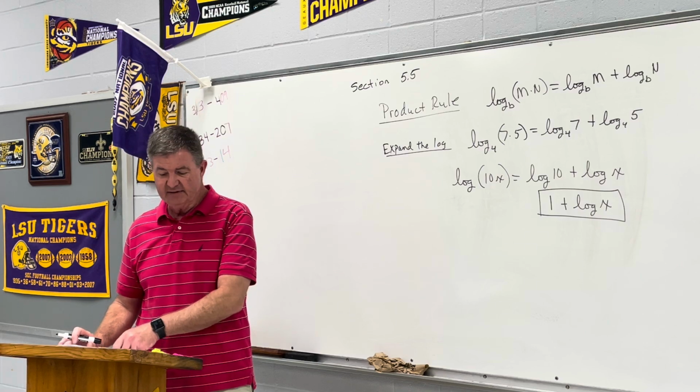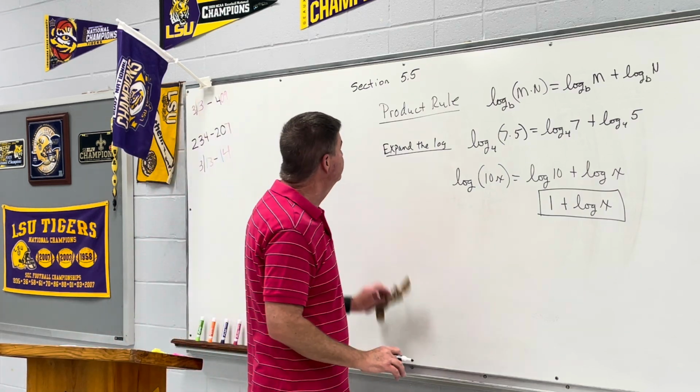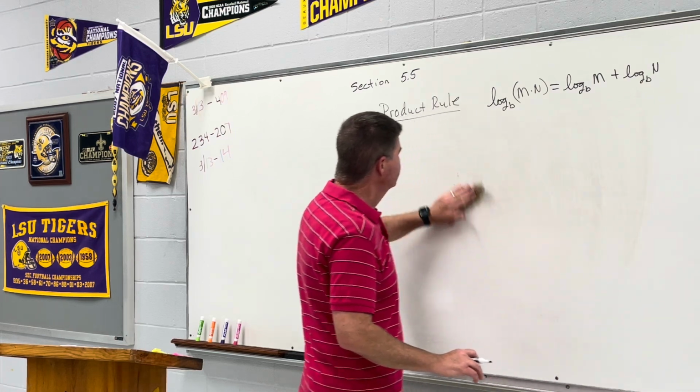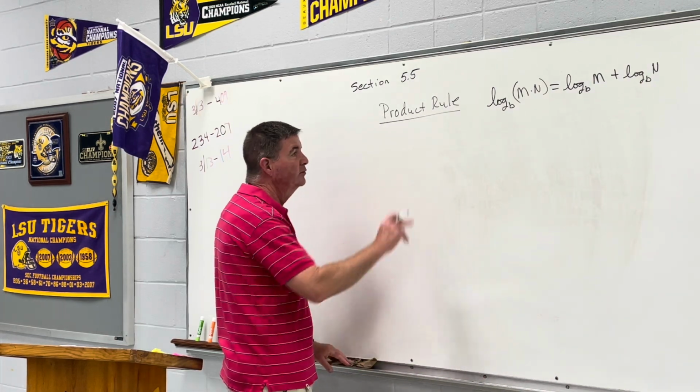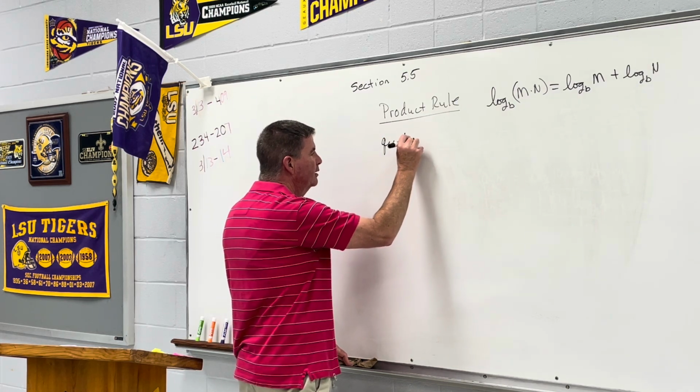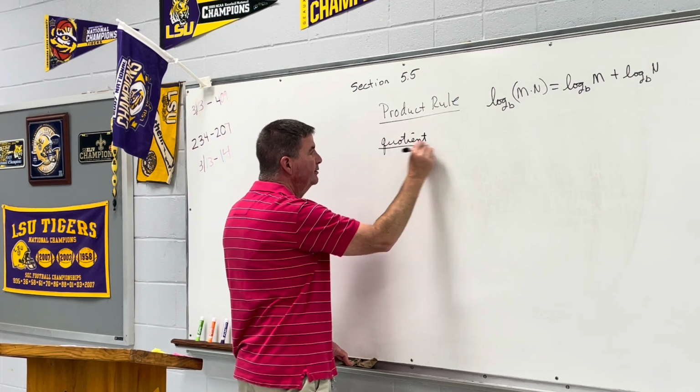We also have something called a quotient rule. Just like with the product we multiply them together, with a quotient we are going to divide.